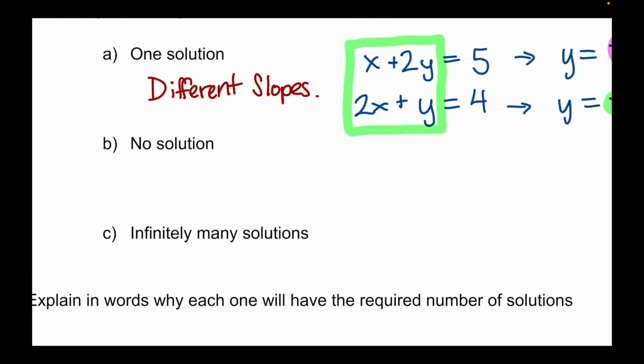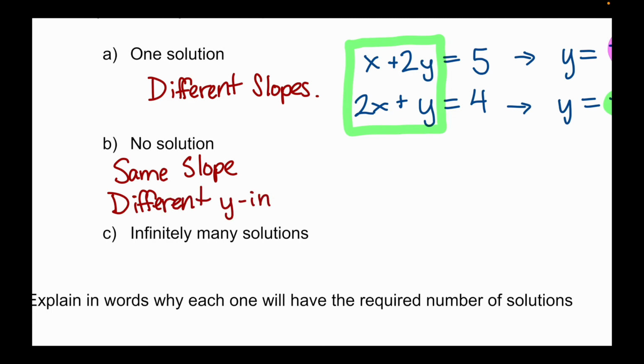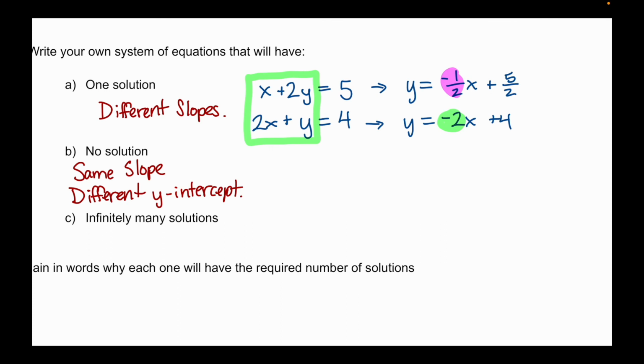So something with no solution would have to have the same slope, but a different y-intercept. So I might actually write these ones in slope-intercept form just to start with.